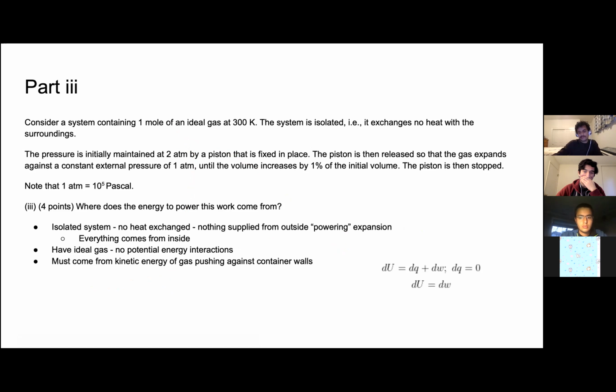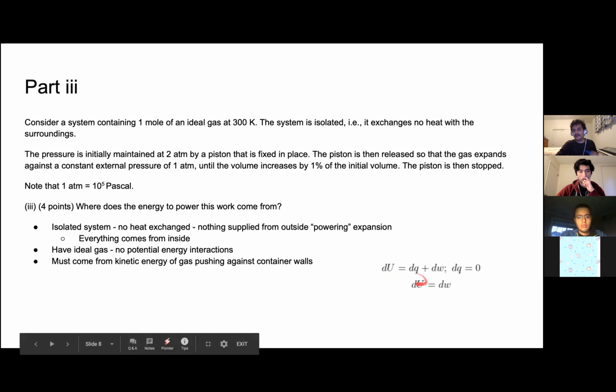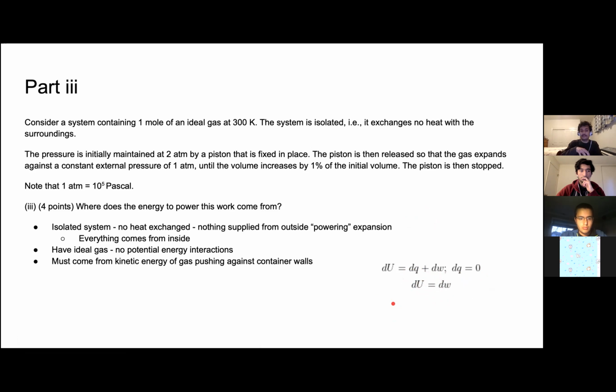So because it's an isolated system, there's no energy that's going to be coming in or out of the system that'll be affecting this expansion. And as Poojan talked about with the total energy, you have dq, which is your energy transfer term, plus work. But because it's isolated, your dq term is equal to 0. So all the energy of the system, any changes, is just going to be attributed to work, and therefore what's inside of the system.